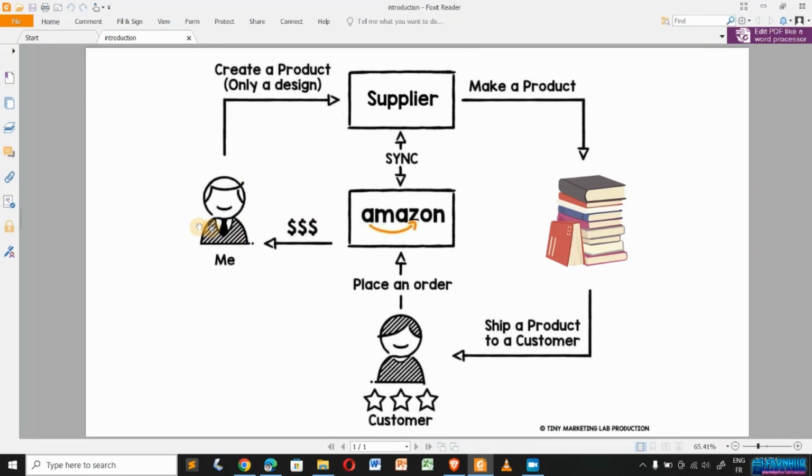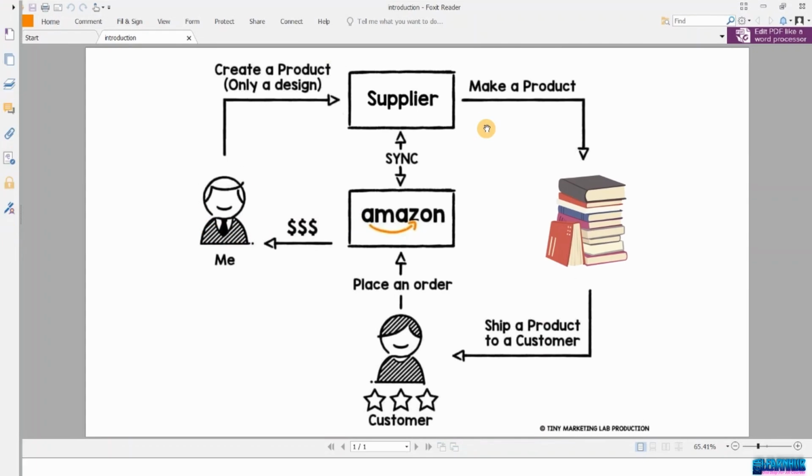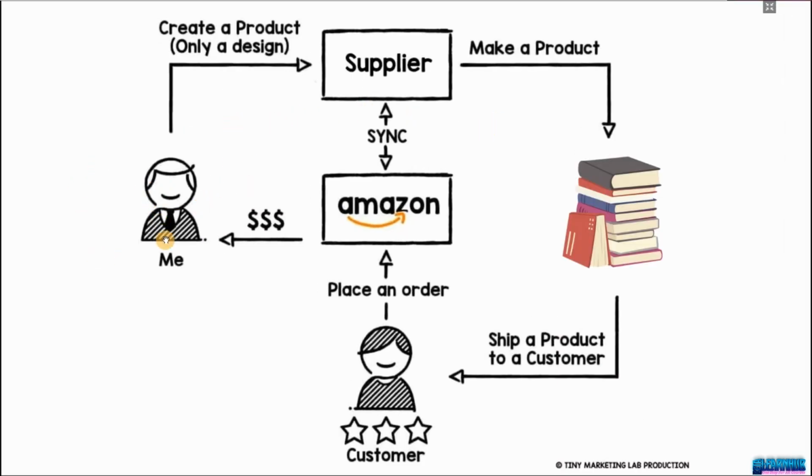So here is the publisher or the self-publisher. We are creating products, just a design, an interior of a book and a cover. Then we upload this to KDP, and KDP is a part of the Amazon company, so the Amazon marketplace.